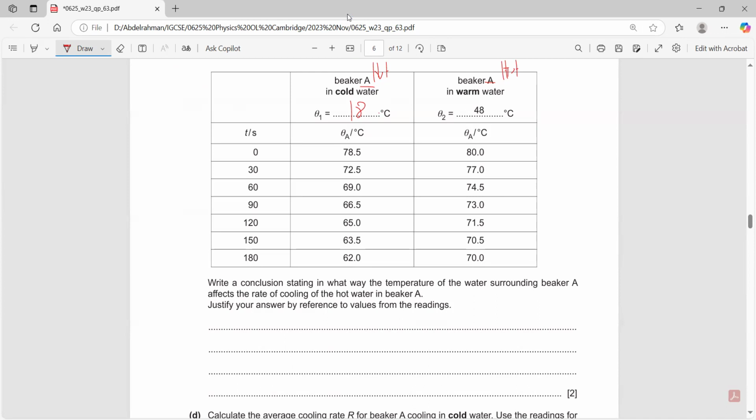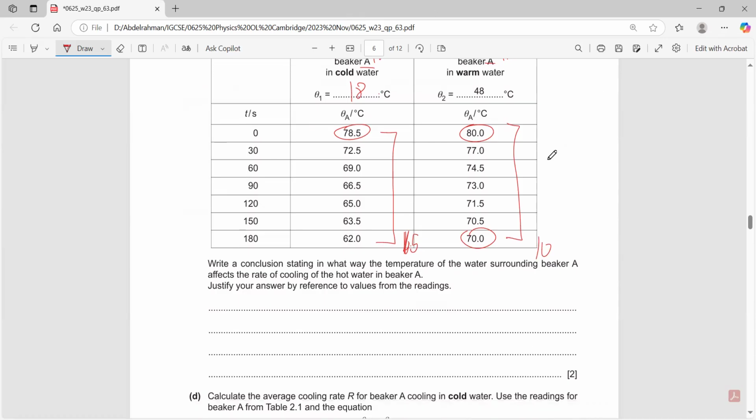If you add this into a beaker which has warm water, would this affect the rate of cooling? Well, we'll see. First of all, at zero, it was 78.5. It decreased all the way to 62, which is a difference of 16.5 degrees. In the second experiment, it was 80, decreased all the way to 70. So this is a difference of only 10 degrees. Does it affect? Yes, it does affect.